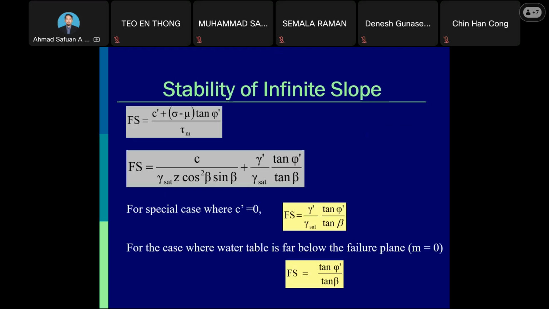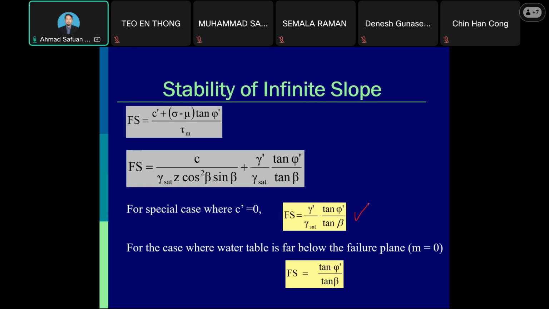Similar to the previous example, when C is equal to 0, we usually deal with a sandy type of material. So for the sandy type of material, we can use this formula to determine the factor of safety.